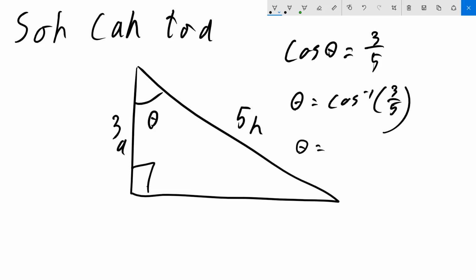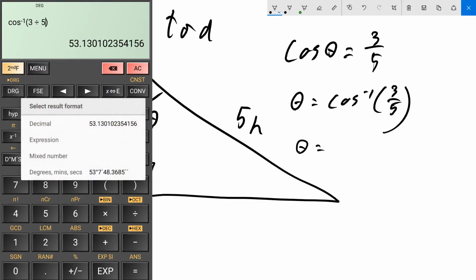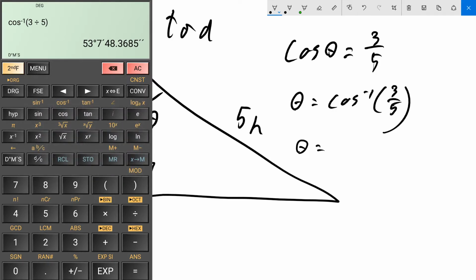That means theta is equal to, going back to the screen, cos^-1 of 3 divided by 5, and we'll convert it into degrees, minutes, seconds, and I'm going to round to the nearest minute, 53 degrees and 8 minutes.